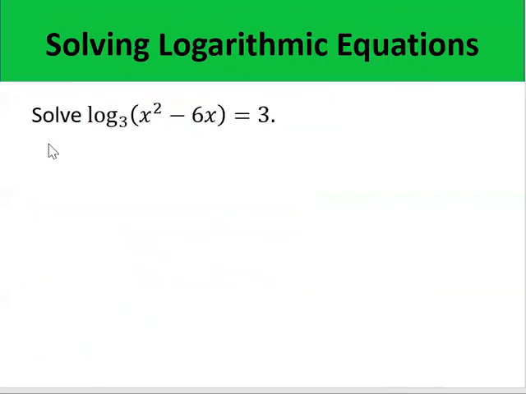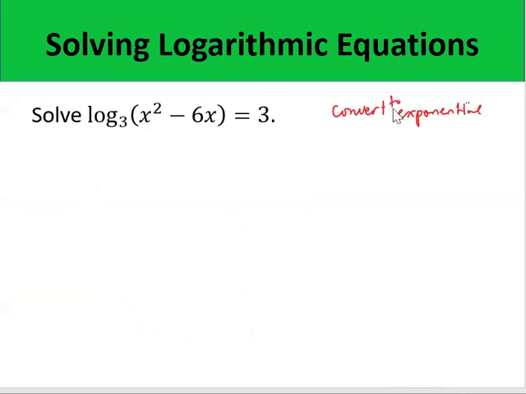So let's solve for the logarithm of x squared minus 6x to the base 3 is equal to positive 3. So since this equation contains a single logarithm at the left side and a constant at the right side, then we have to convert this into its exponential form.